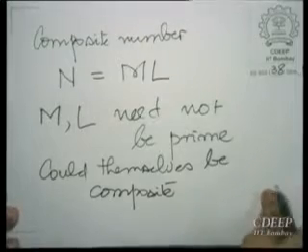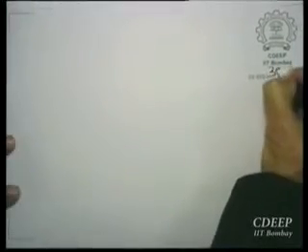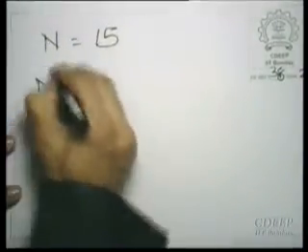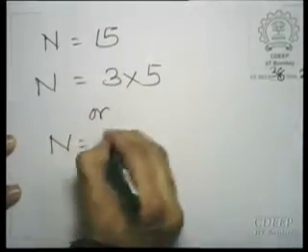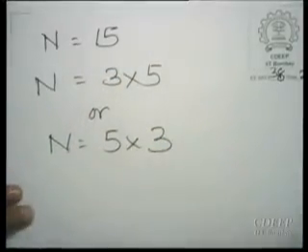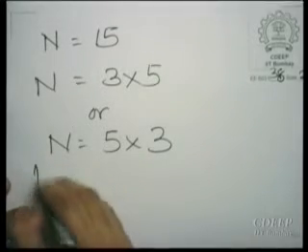So to take examples of both cases, if N is equal to 15, then you have N equal to 3 into 5 or N equal to 5 into 3, both of which have their own meanings, and here both are prime.